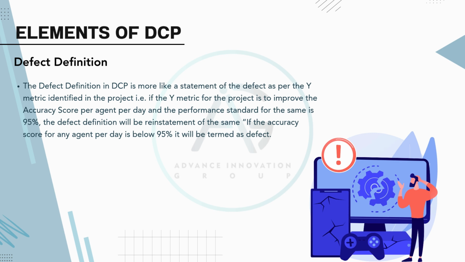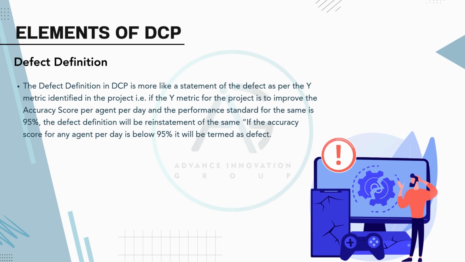The defect definition clearly states, if the accuracy score for any agent per day is below 95%, it will be termed as a defect. This provides clarity and removes subjectivity from data classification. It ensures that every data collector or analyst classifies performance consistently. Emphasize the importance of such clarity.